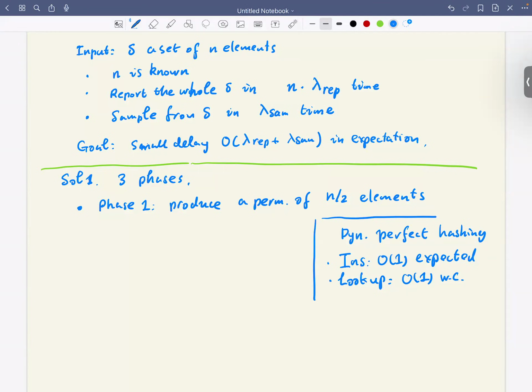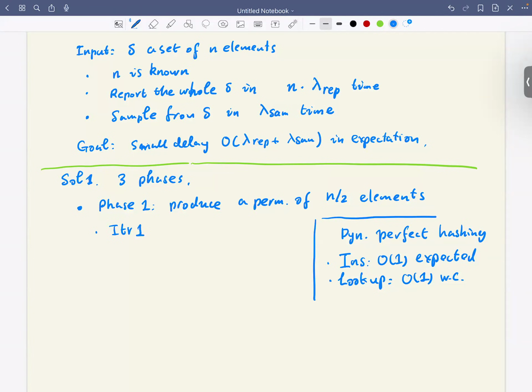But it's important to make sure that the first element is randomly chosen, and then the second element is randomly chosen from the remaining n minus 1 elements, and then the next is randomly chosen from the remaining n minus 2, and so on and so forth. Otherwise, this will not be a random permutation. Good. Okay. All right.